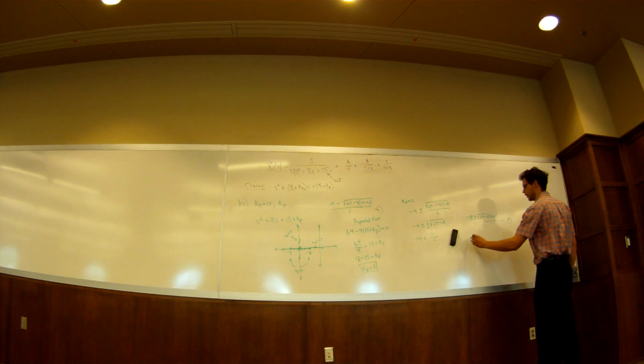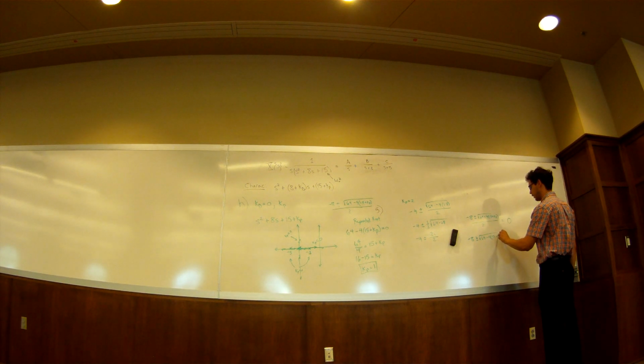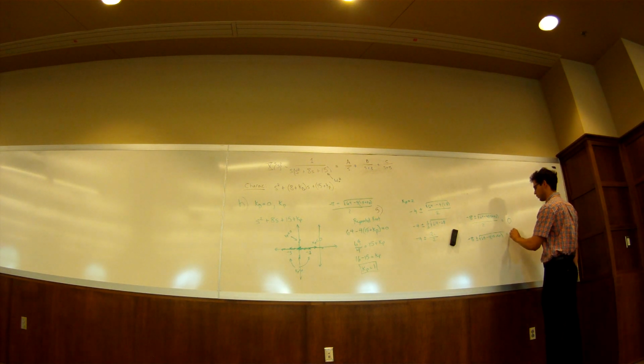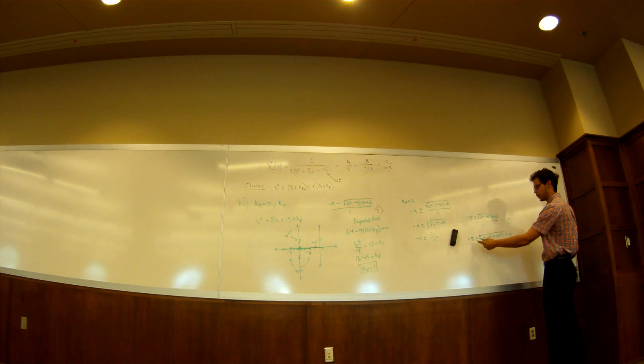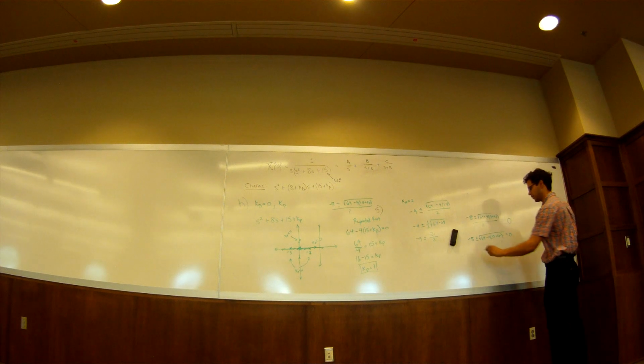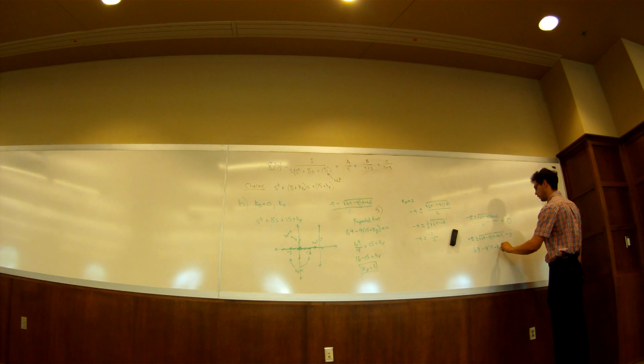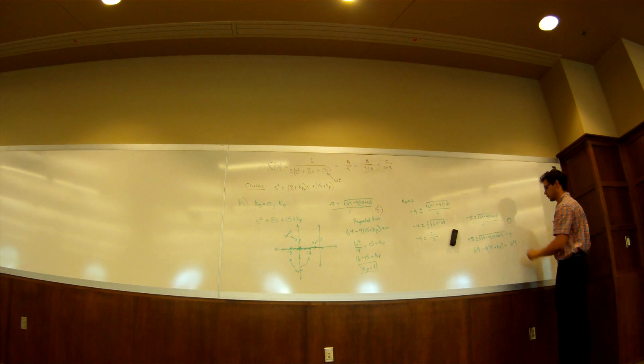If you solve this, you get -8 plus or minus square root of 64 minus 4 times 15 plus Kp equals 0. You pull the 8 to the other side, and you square it. Squaring it gets rid of that plus minus. So you get 64 minus 4 times 15 plus Kp equals 64.